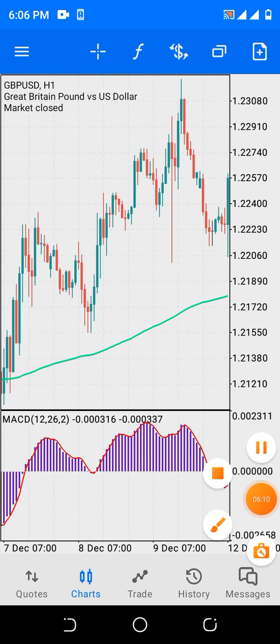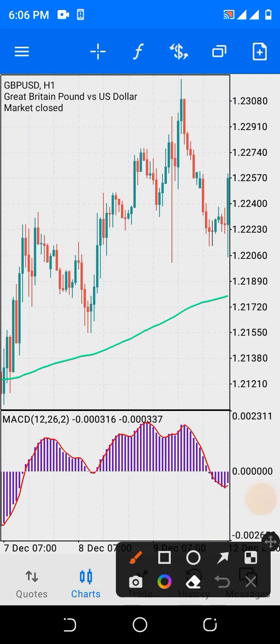So the first condition is that when the candlesticks are above the moving average, we will look at the MACD. Look at the MACD crossing this zero line here. Do you understand? So there should be our entry for a bullish market.